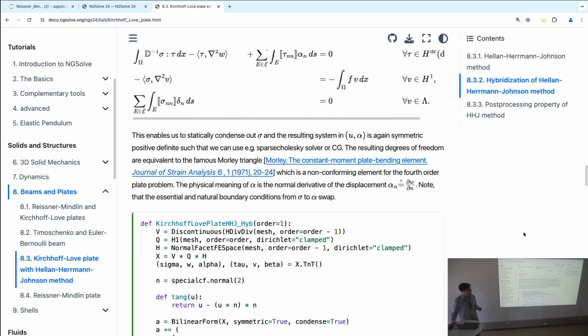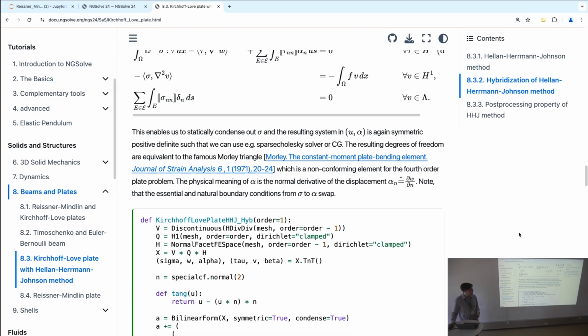And then if we compare what remains, we have the vertical deflection and the Lagrange multiplier alpha. These degrees of freedom are very highly related to the degrees of freedom of the famous Morley triangle, which is used as a non-conforming H2 plate bending element.